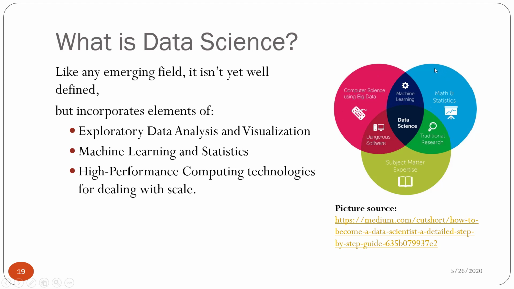Then on the right hand side, the blue circle is about math and statistics. Then you have the subject matter, which is the domain knowledge. When you look at the intersection of all these 3 domains, right here in the center, this region is your data science.